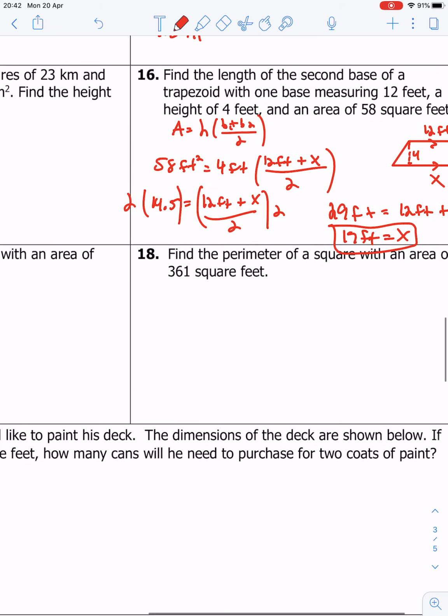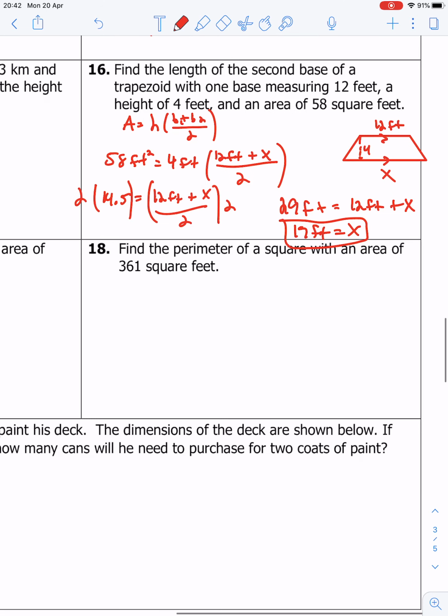Number 18, going into perimeter. So for a square, perimeter one's easy. We know each side's the same. So to find the perimeter, all we need to do is find one side. So the area of the square is just going to be s squared. If the area we already know, that's not too bad to find. What's s going to be?